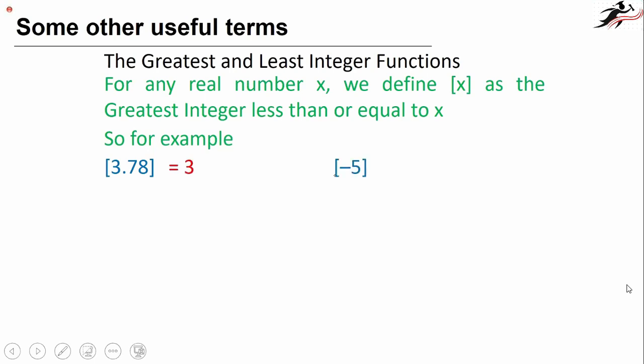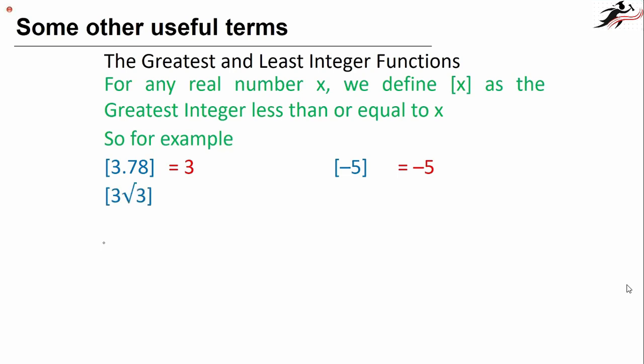Similarly, minus 5, less than or equal to minus 5, which is the first integer that you come across? Yes, it is minus 5. Minus 5 itself is an integer, right? So it will be minus 5 because equal to is possible.